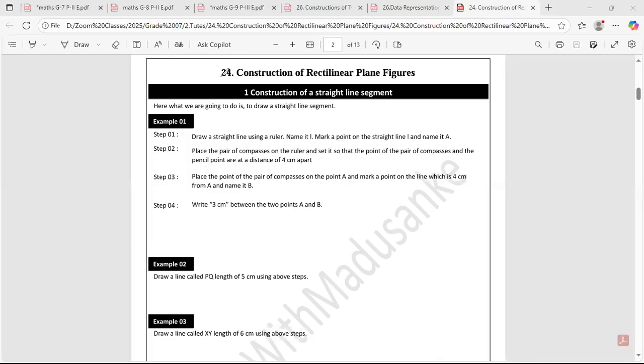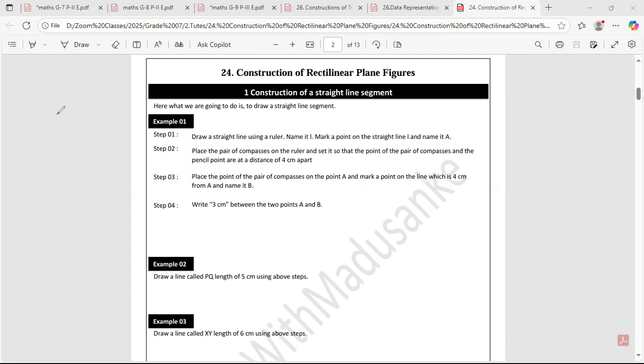Right. So if you have the tute with you, this is the lesson that we are going to do, construction of rectilinear plane figures. You know how to draw rectilinear plane figures using a pencil and a ruler.